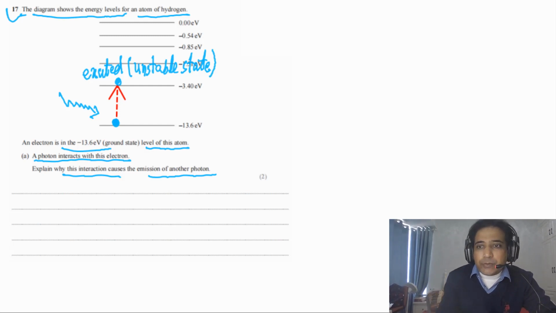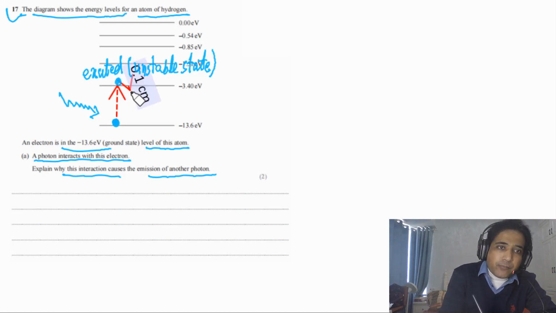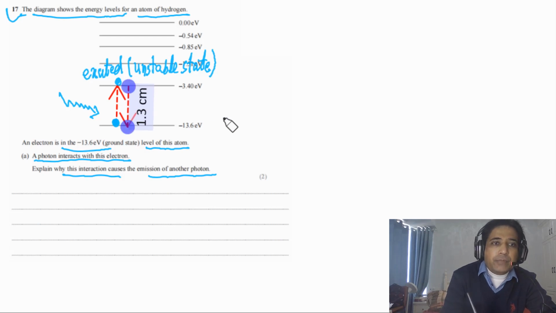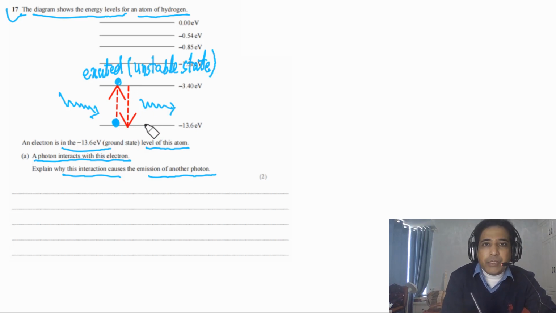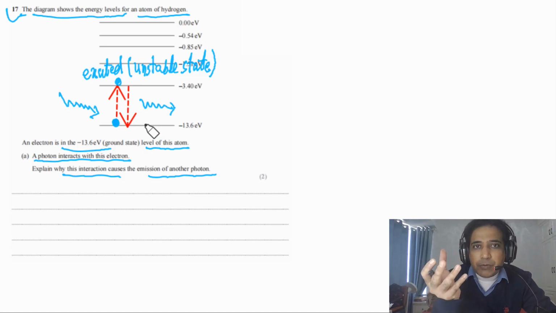Then how can this electron be stable? It will jump from the higher energy level back to the ground state. When it jumps back, it will emit another photon, and this photon will be the same if the energy difference is the same. So these are the points we need to write down for the answer of this question.